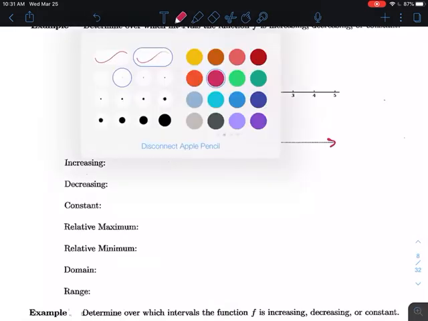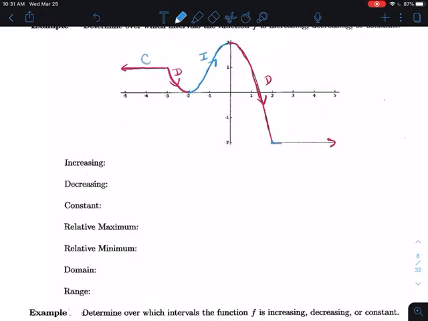And then this last piece, when I get here, this flat piece is constant. So that's how I would go about labeling the graph. Just labeling, go ahead, identify the different parts where it's increasing, decreasing, and constant, and then write my answer.